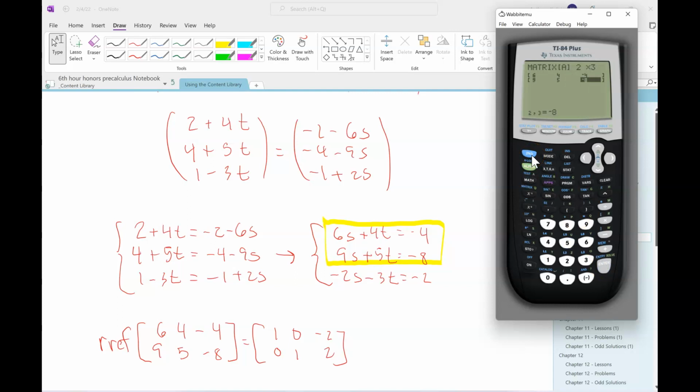Everybody's okay with that? Once we've entered our matrix in, we exit back out. We go back to that matrix menu, but this time we're going to use the Math tab. From the Math tab, we'll scroll all the way down to the bottom till we find the RREF command. We press enter to select that. Let me go back to the matrix menu, select the matrix A that we just built, so that we're doing the RREF of matrix A. We'll press enter and we get this matrix here.